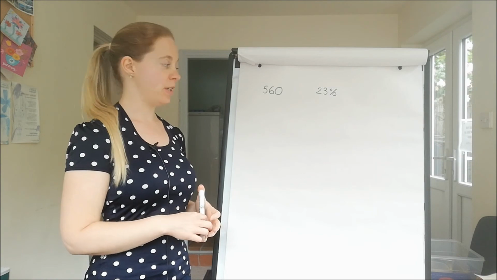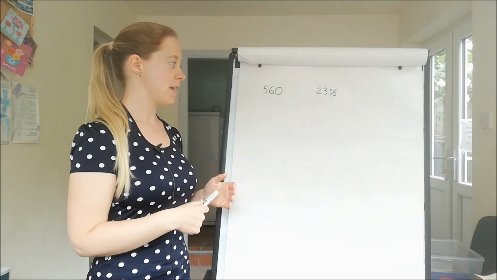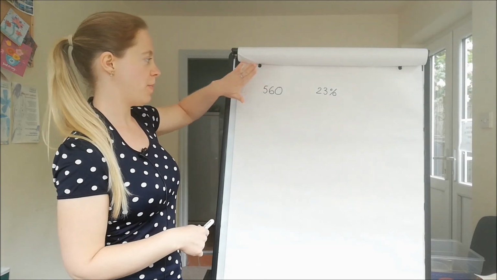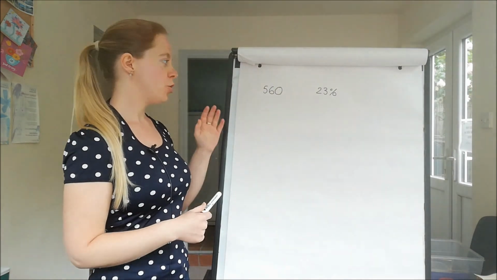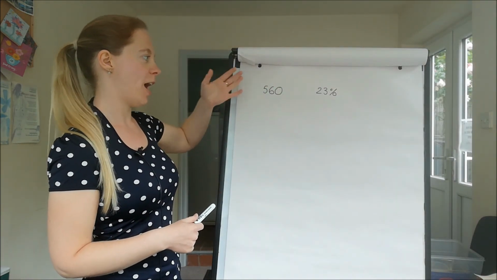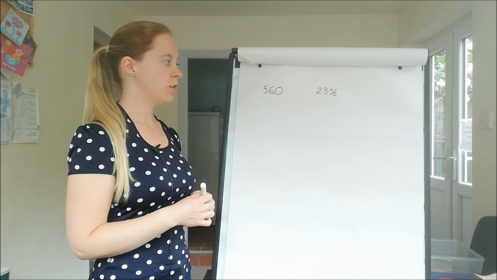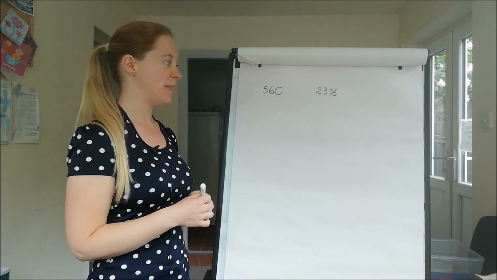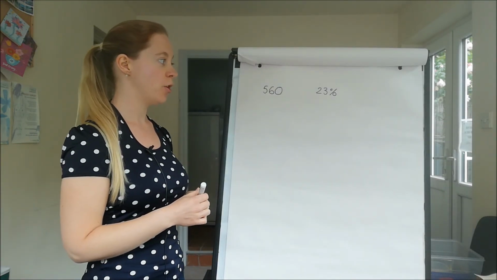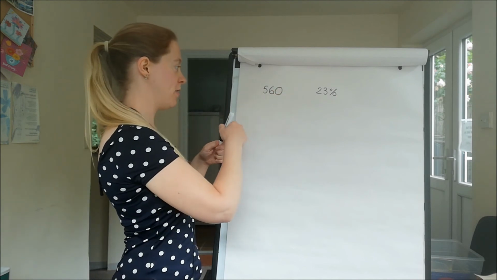All right, so this is just decrease by a given percentage because it's saying this many people study French, 23% less than that study German. So it's just saying what percent actually study German, which is 23% less than that.